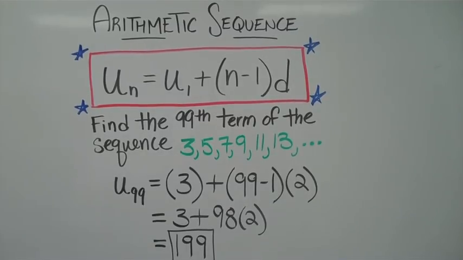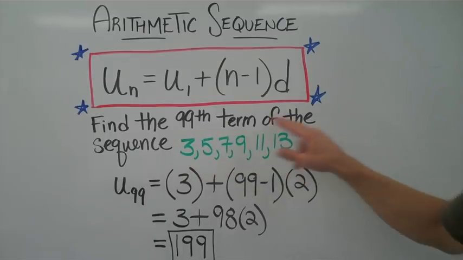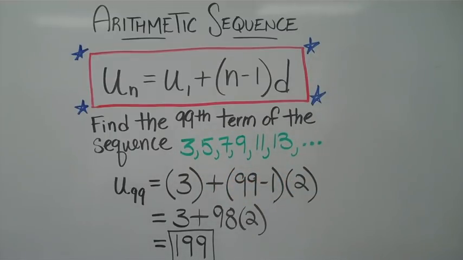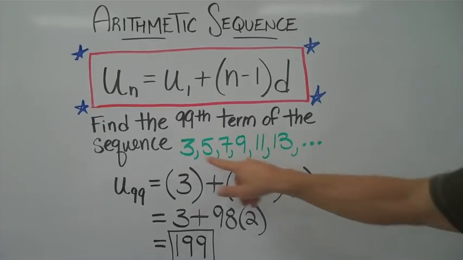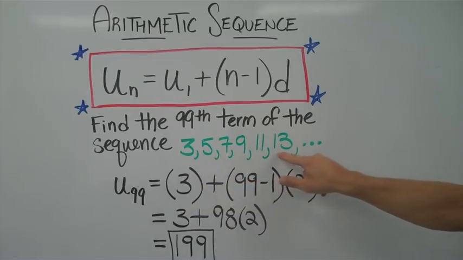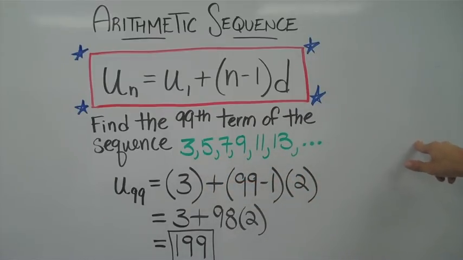So here is that formula in practice. A question like this: find the 99th term of the sequence 3, 5, 7, 9, 11, 13, etc. With this sequence, it's just a pattern of numbers. We're not adding the numbers, we're not subtracting numbers. We just want to know what number would be in the 99th spot. If this is spot 1, spot 2, spot 3, spot 4, spot 5, spot 6, what would the 99th spot be?